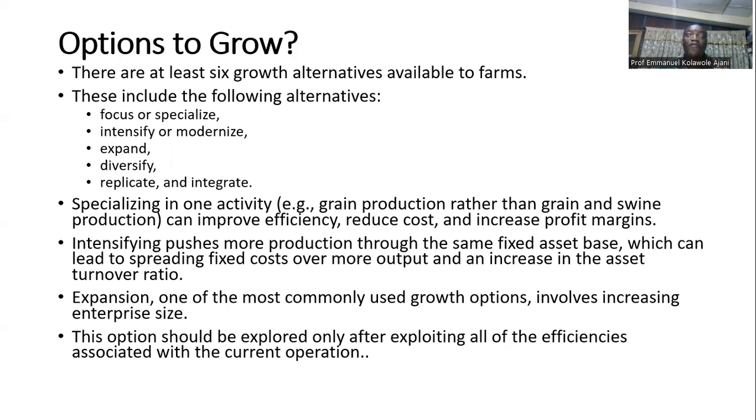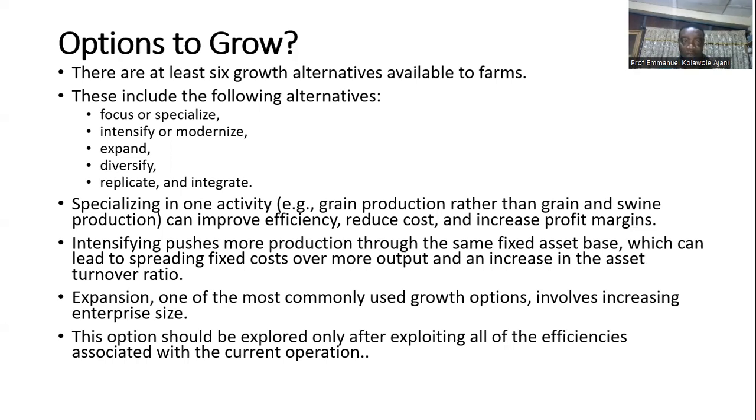That's another option for growth. Expansion is another option, or diversification, whether the farmer wants to diversify into another crop option. Another alternative for growth is to replicate whatever you are doing, increase it, replication, or integrate.